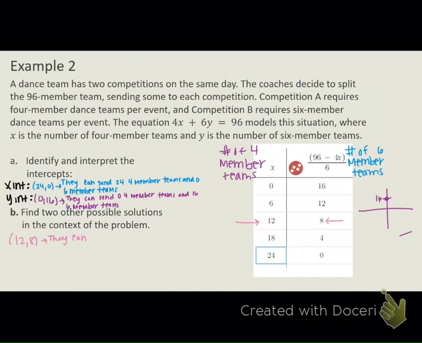Yep, that's just right there. Jayla, what's another one they could have said? They can send 6 4-member teams and 12 6-member teams.